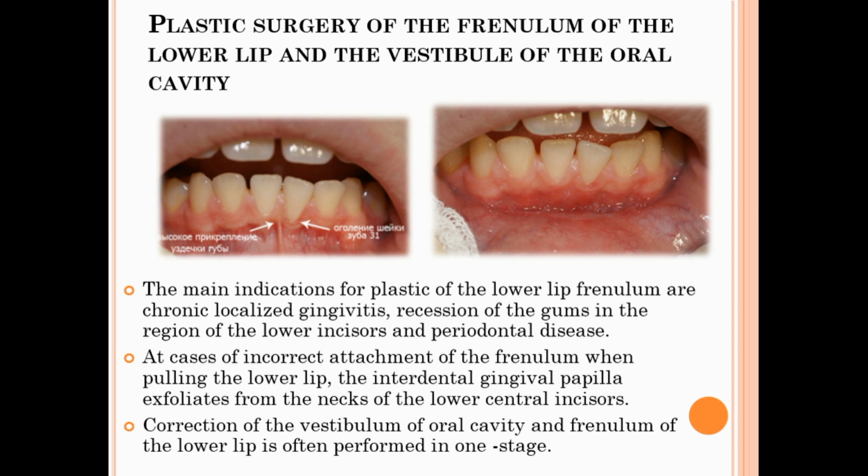In cases of incorrect attachment of the frenulum, when pulling the lower lip, the interdental gingival papilla exfoliates from the necks of the lower central incisors. Correction of the vestibulum of the oral cavity and the frenulum of the lower lip is often performed in one stage. The main task of orthodontists is providing the patient with a plan for vestibulum formation.